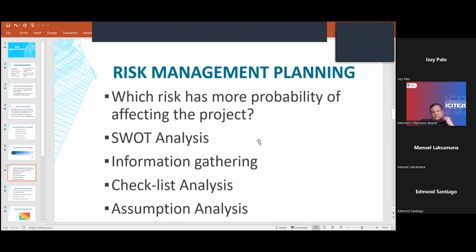And then assumption analysis is defined as the technique that explores the accuracy of assumptions and identifies risk to the project from inaccuracy, inconsistency, or incompleteness regarding the project management or the software itself.